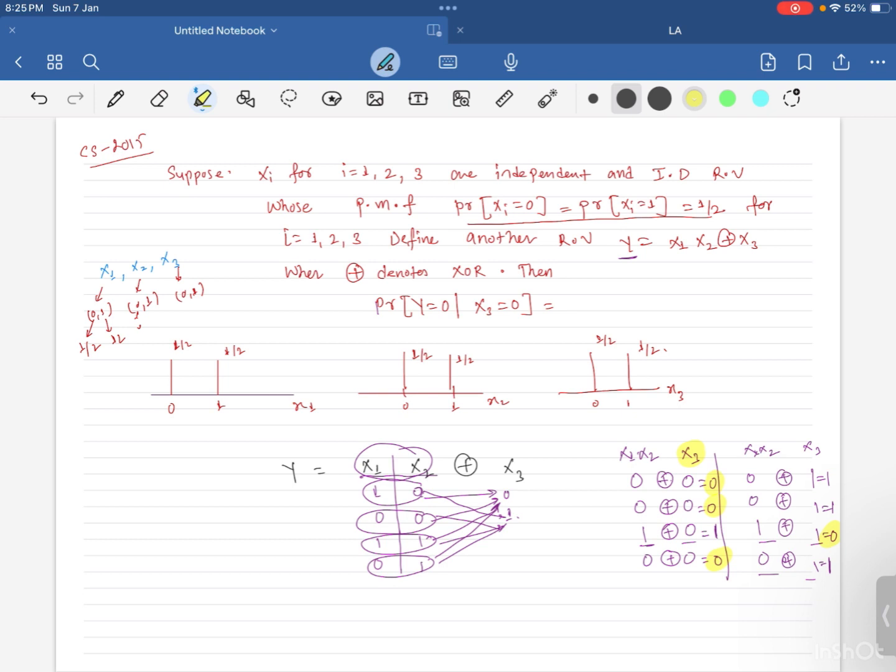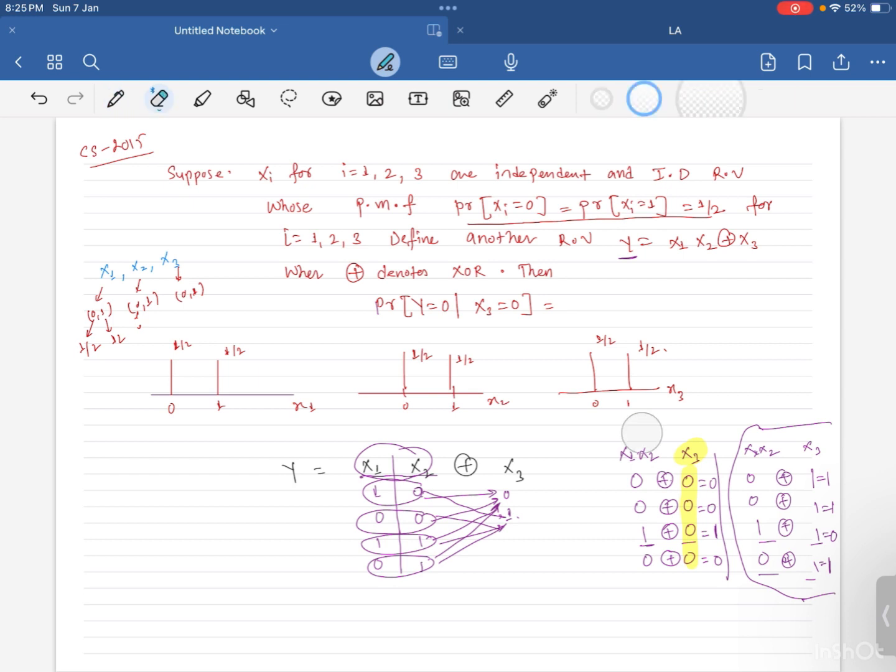This is the value of y that I marked right now. This one is x3, and all these are 0, and in the other rows none of the x3s are 0. So we can discard those while calculating the conditional probability. No need to consider them in our set.